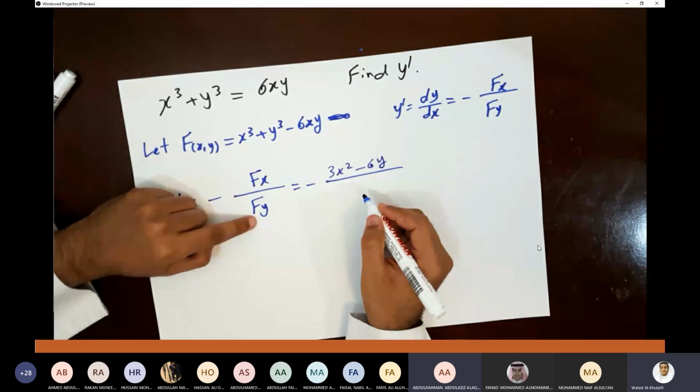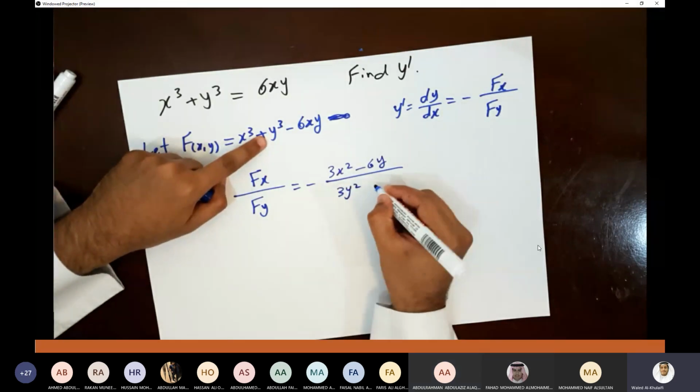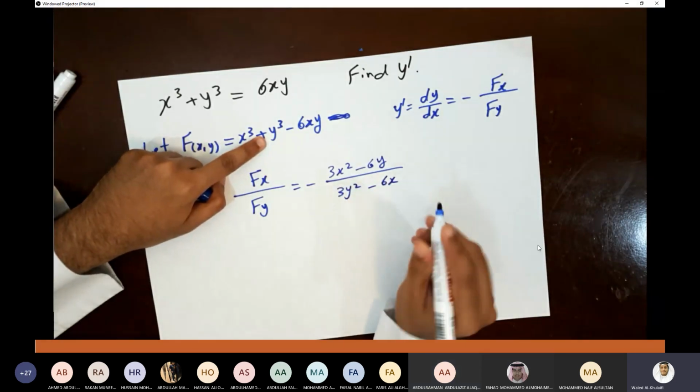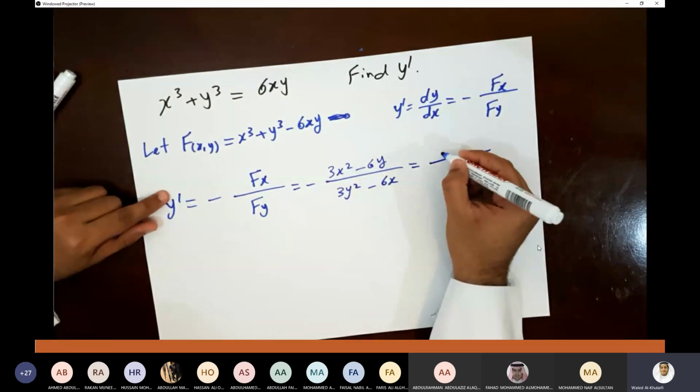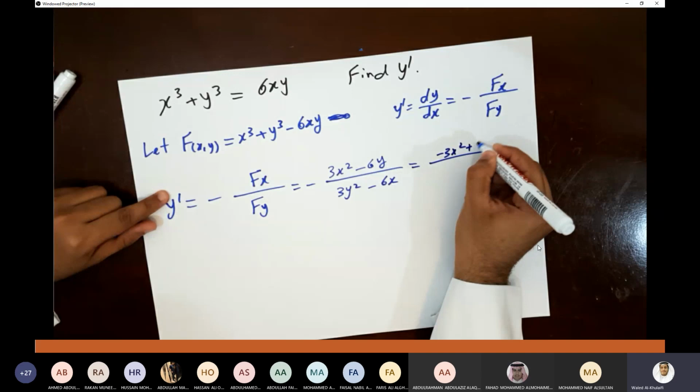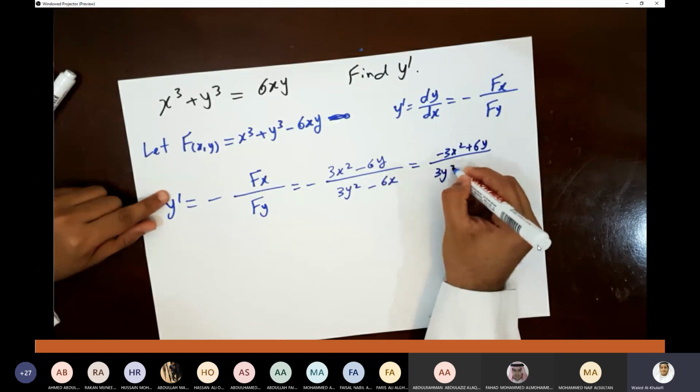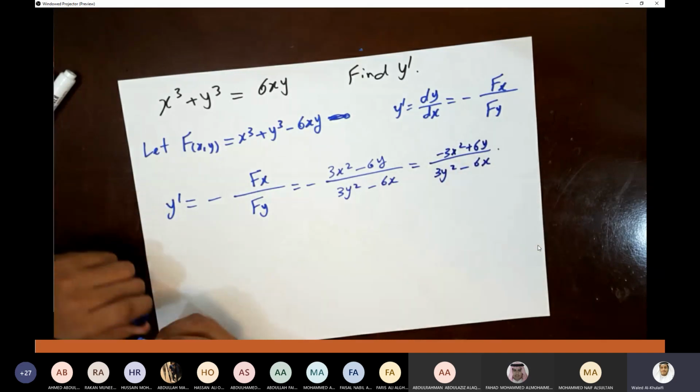And then with respect to y, 3y squared minus 6x. And if you put the minus here, you have minus 3x squared plus 6y, over 3y squared minus 6x. And you are done.